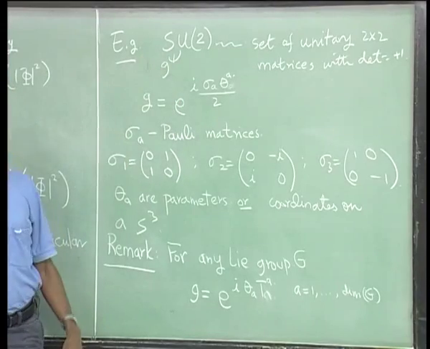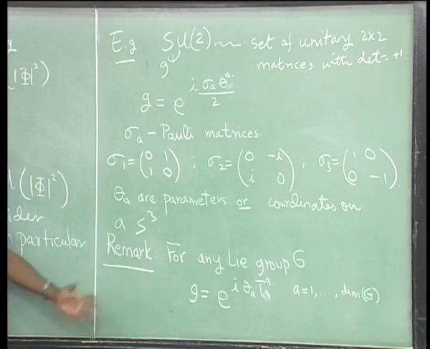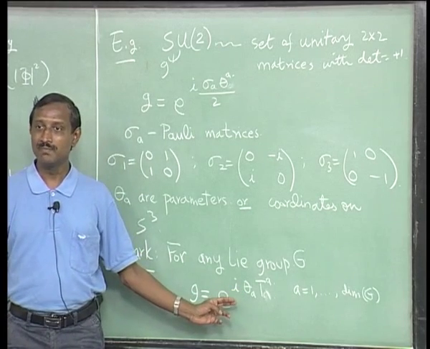The dimension of SU(2) in this case is 3. It is just roughly the number of parameters that you need.